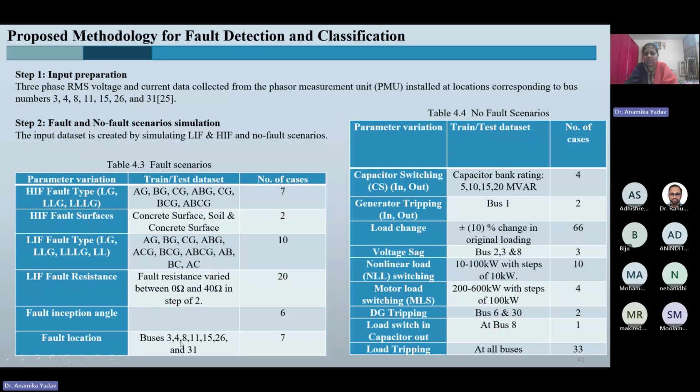Fault locations we consider at different buses, and there are a total of 6 fault inception angles that we have considered. Some non-fault scenarios we also considered: non-linear load switching, motor load switching, DG tripping, and load switching through capacitor in and out. All these have been considered.